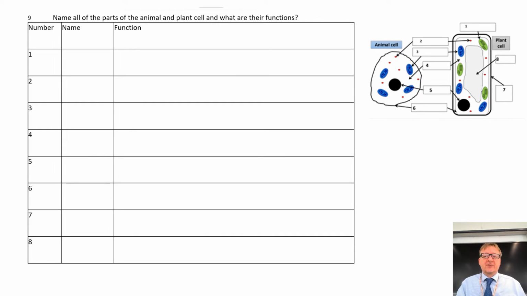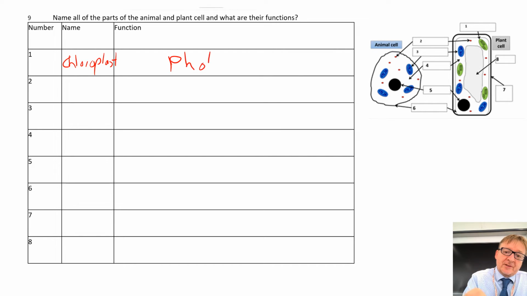Question number 9. I've done this numerous times already on these videos, so I'm going to go through them. I'm going to write in here chloroplast, and that is where photosynthesis occurs. Number 2, I'll do it in green, which is a bit silly.